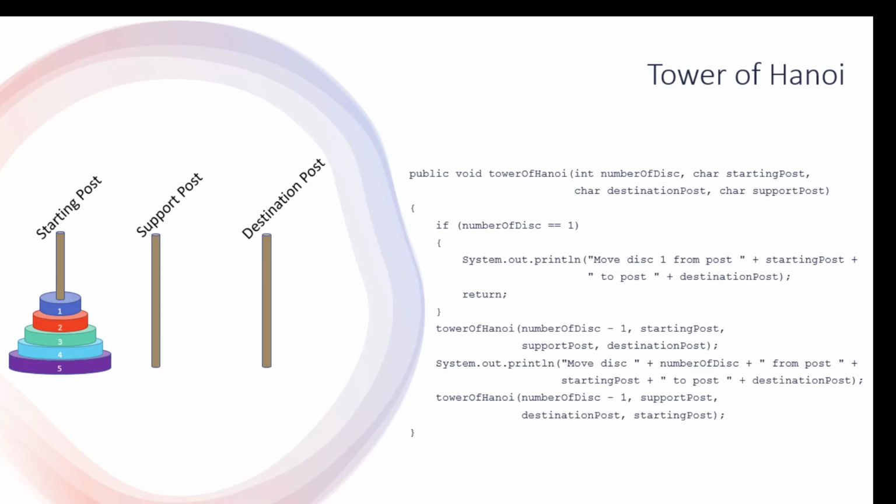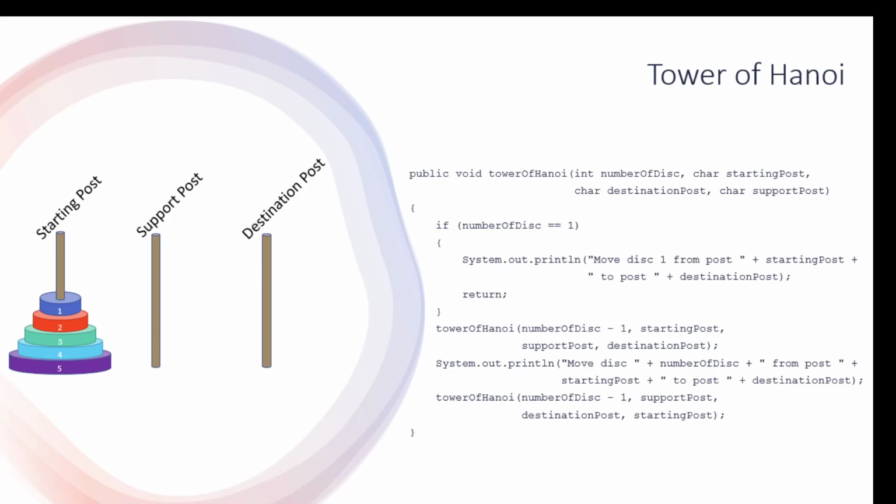So that's the last case. That last one goes someplace there. So in the very first call, when I say I want disk 5 to go from the starting post, this one defined here, to the destination post, this one over here, the last step needs to be, by the way, to remind you, to bring disk 1 over.